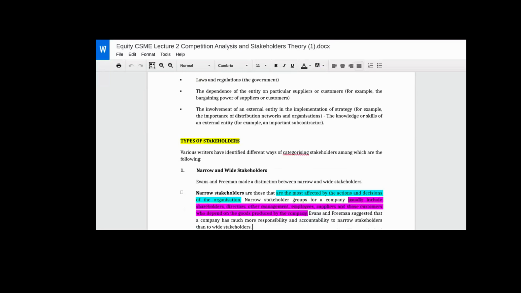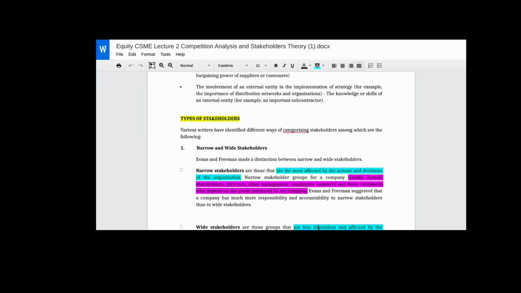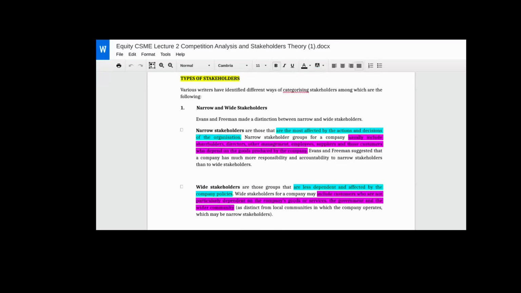So the company has much more responsibility and relationship with narrow stakeholders than wide stakeholders. In comparison, let's look at wide stakeholders. Wide stakeholders are a group of stakeholders that are less dependent and affected by the company policy.